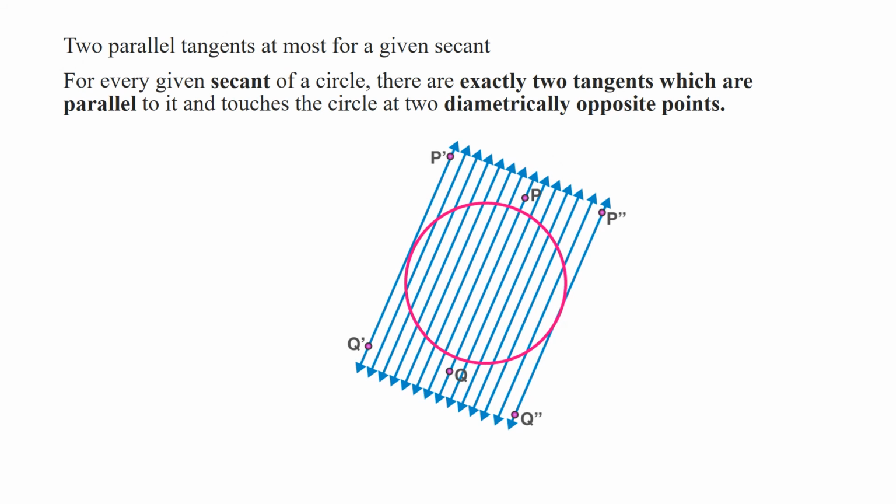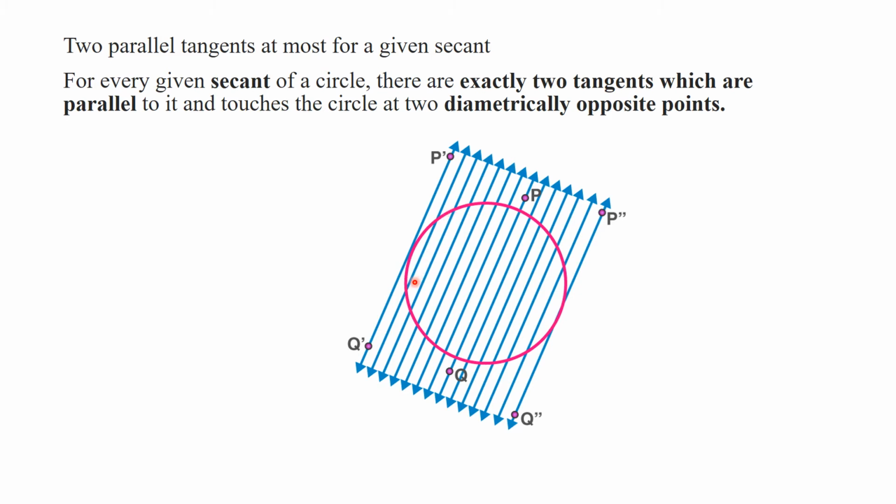Here we are going to see how many tangents can be drawn parallel to a secant. So for this, let us draw a circle and a secant PQ of the circle. Draw various lines parallel to the secant on both sides of it. We can see the length of the chord cut by the lines will gradually decrease. That is, the 2 points of intersection of the line and the circle are coming closer and closer.